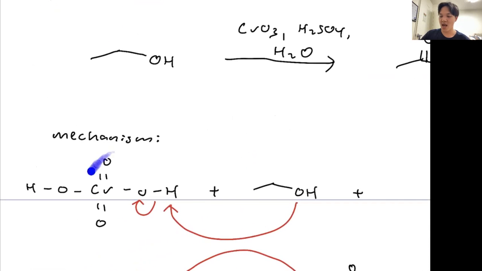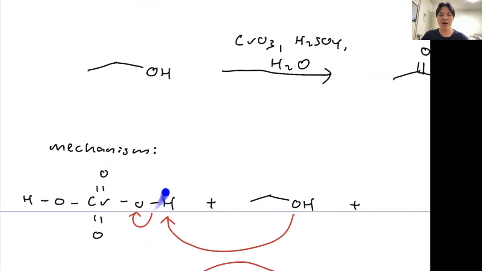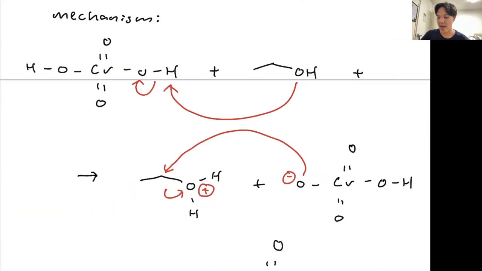Here we have this CrO3, right? But we actually skipped some steps and we reacted it with this H2SO4. But this is the molecule that you need to know, right? This has a huge delta positive over here, which allows our OH to attack this H and have a positively charged O, right?